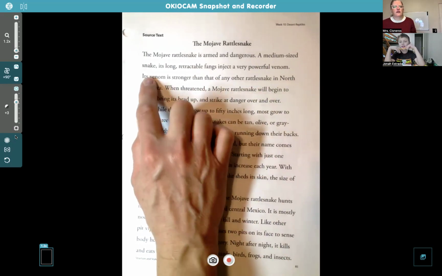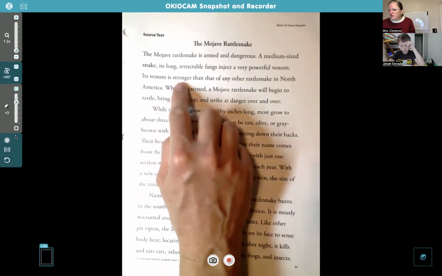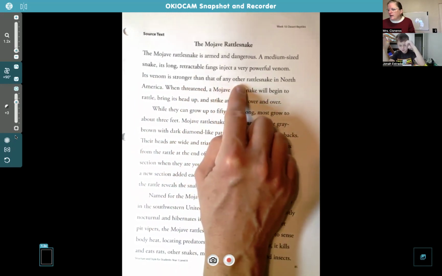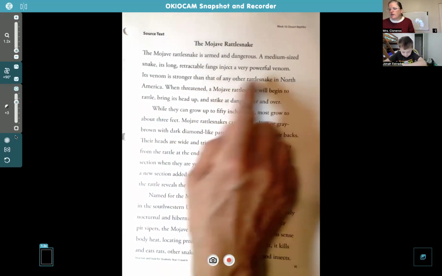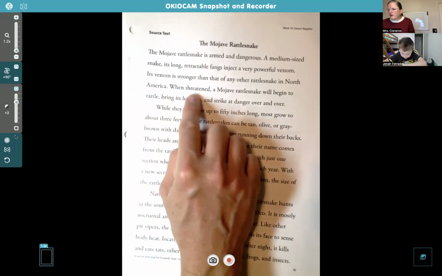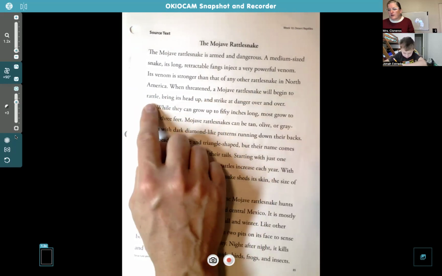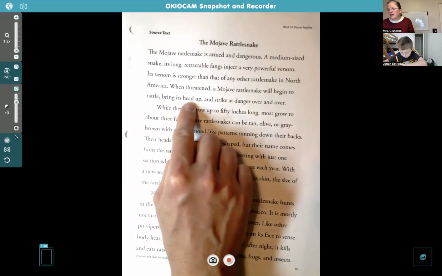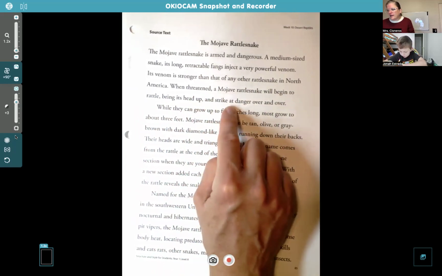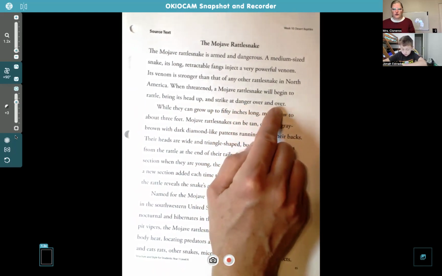I'm going to keep going here. Its venom is stronger than that of any other rattlesnake in North America. When threatened, a Mojave rattlesnake will begin to rattle, bring its head up, and strike at danger over and over.